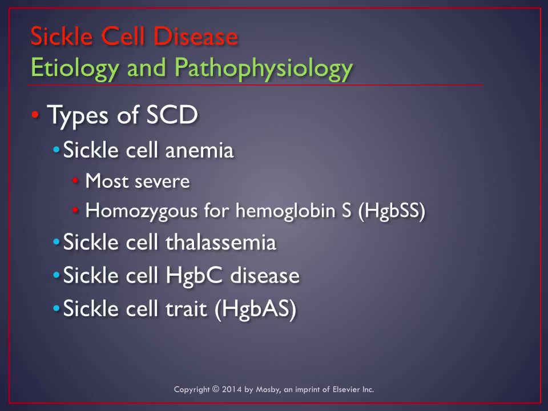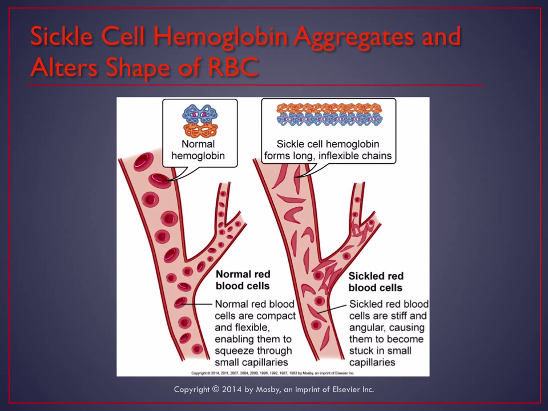Types of sickle cell anemia, and I said in class I won't be testing you on this. Sickle cell hemoglobin, and there's a picture which shows you how the hemoglobin aggregates and alters the shape of RBC.